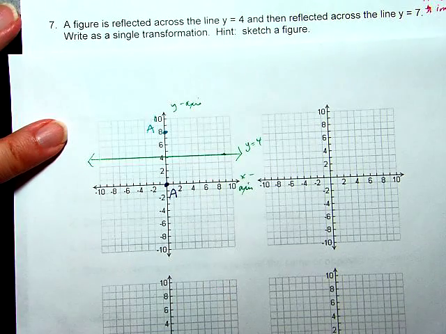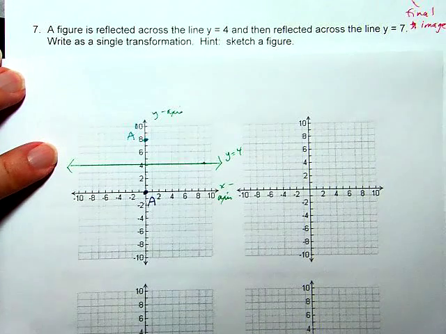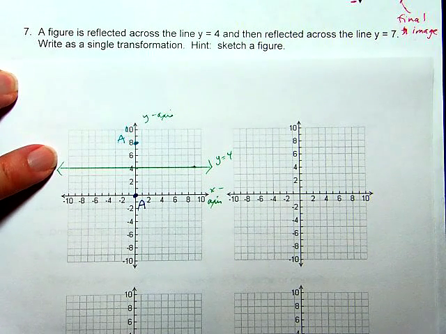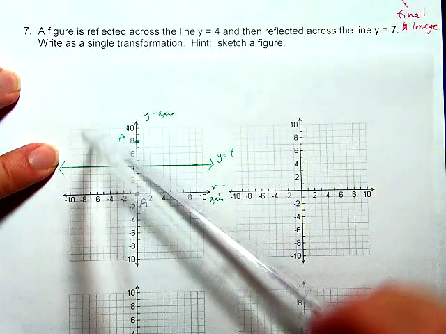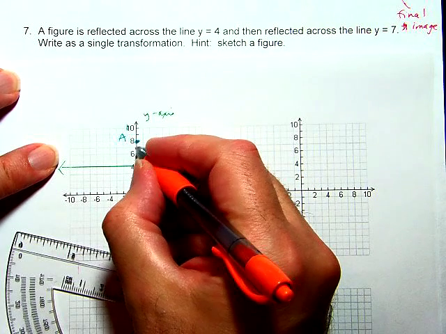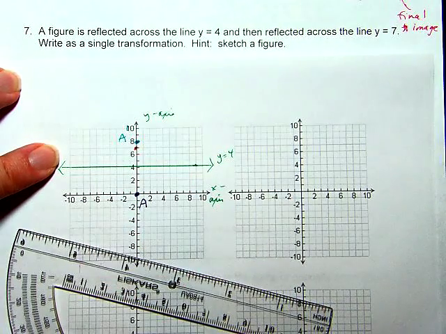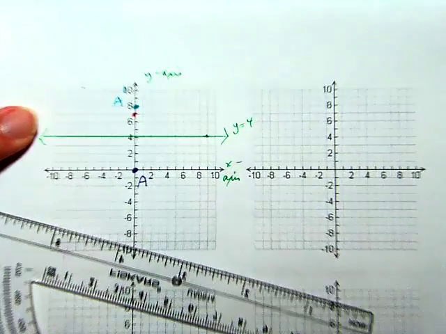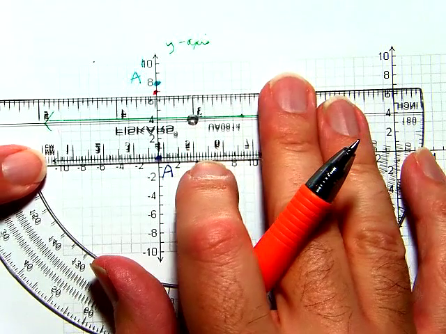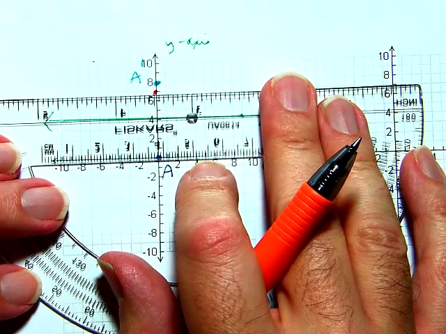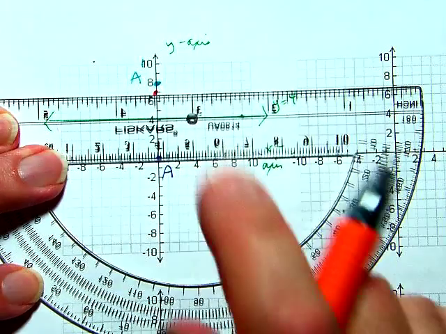And now we've got to take A prime and reflect it across the line y equals 7. So where is the line y equals 7? It is where we have y equals 7 on the y-axis, which would be there. Let's draw a line parallel to the x-axis through the point on the y-axis that's equal to 7.